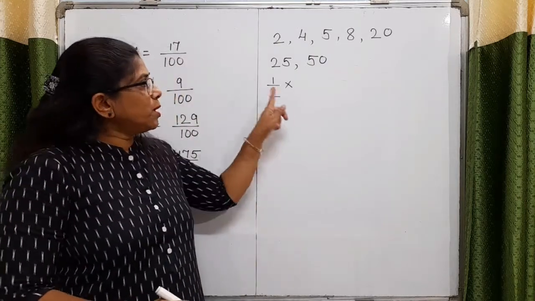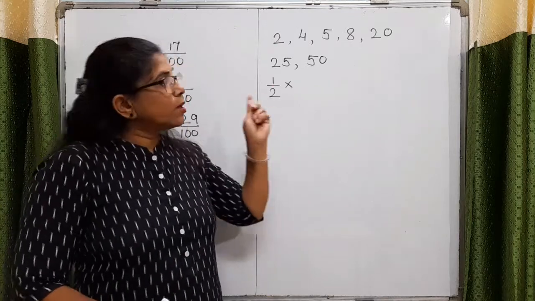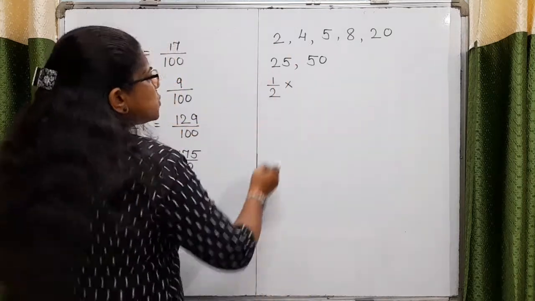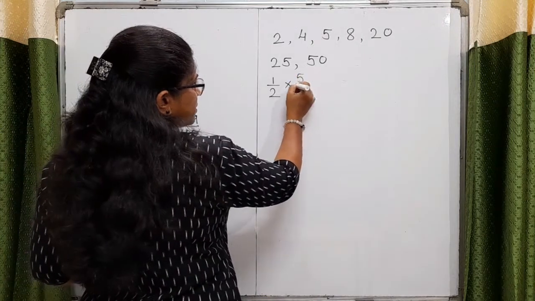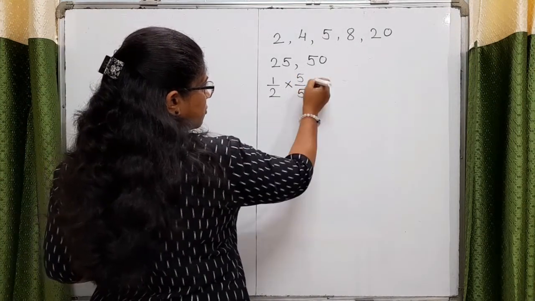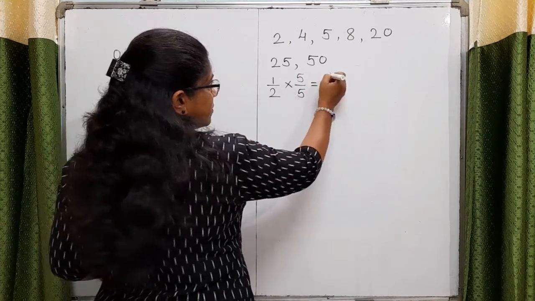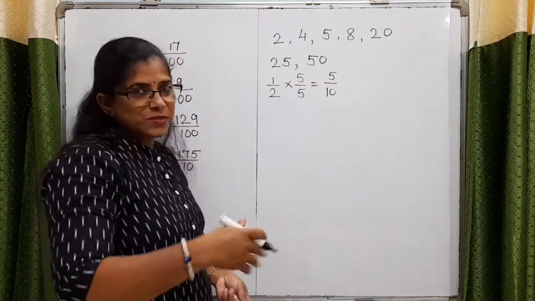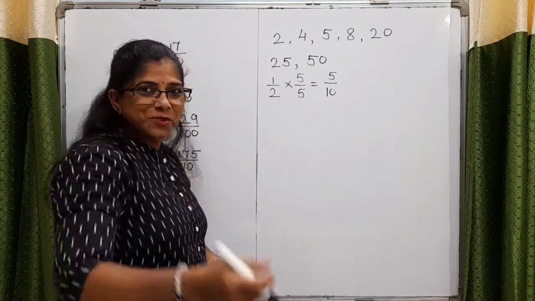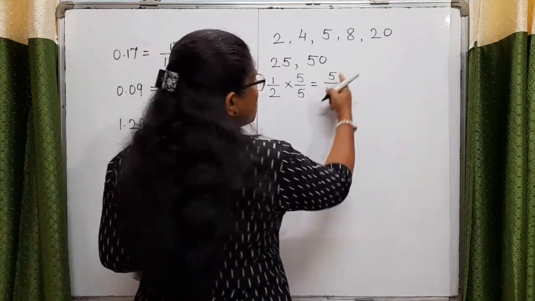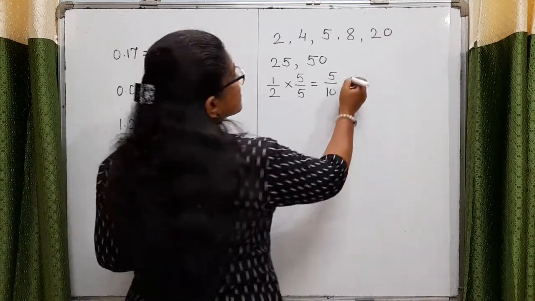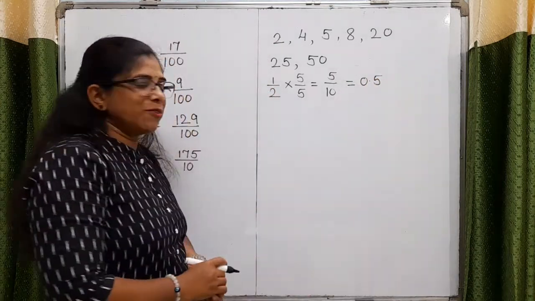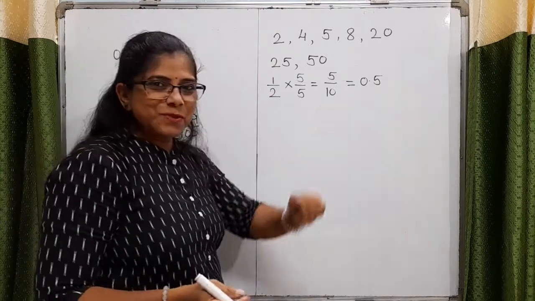So if we want to multiply the denominator by 5, we have to multiply the numerator by 5 as well. So we have to multiply this fraction by 5 upon 5. So what we get here? 5 upon 10. Multiplication of fractions is already explained to you in one of the previous videos. So now we have 5 upon 10. Now the decimal is 0.5.